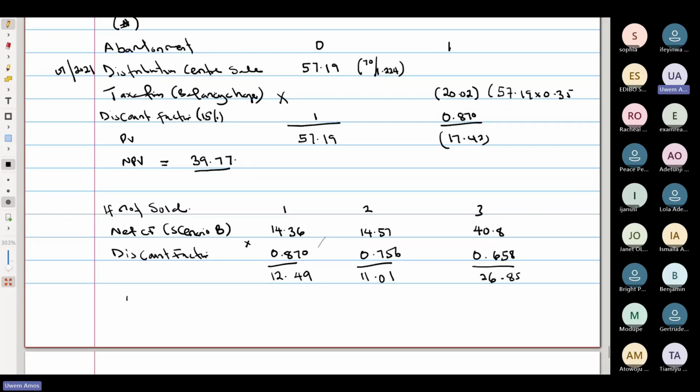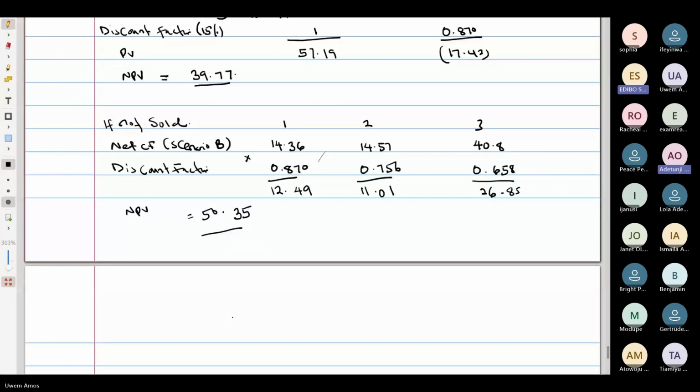Okay, so what do we do? Do we abandon, or do we just continue with our investment? Let's sum it up: 12.49 plus 11.01 plus 26.85 gives 50.35. So do we abandon and collect our 39.77, or do we continue? We continue.